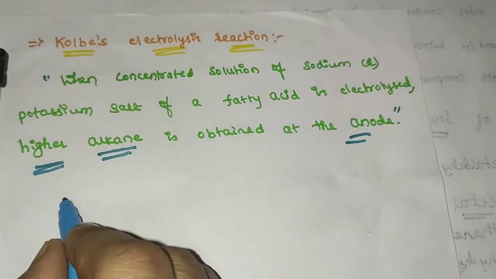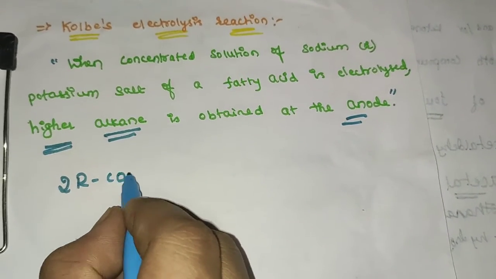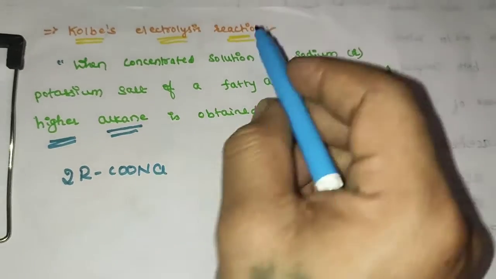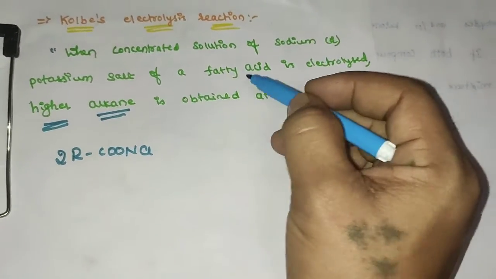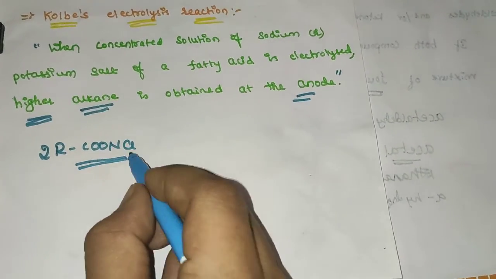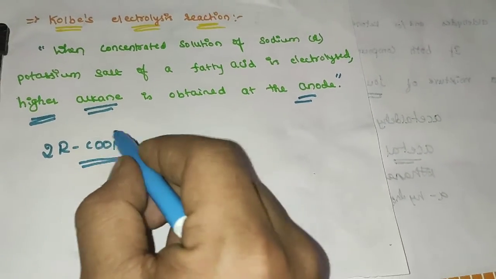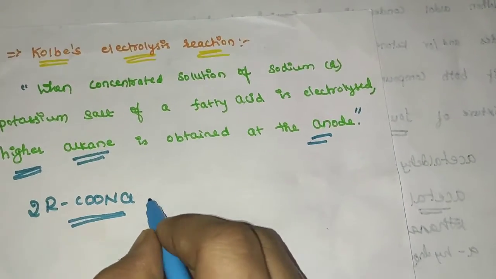So here, 2 RCOONa: when a concentrated solution of the sodium or potassium salt, here the sodium salt of the fatty acid, is electrolyzed.